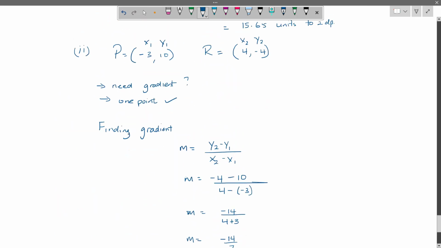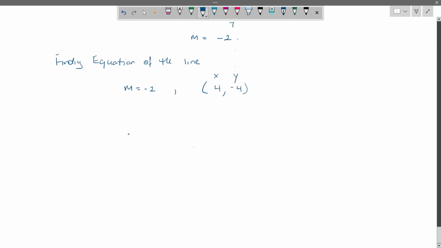That's the point R. So any 1 point and any gradient will work. Next, I put down the formula: y is equal to mx plus c. Then I'll substitute the values. So -4, m is -2, I'll put another bracket, x is 4, plus c.